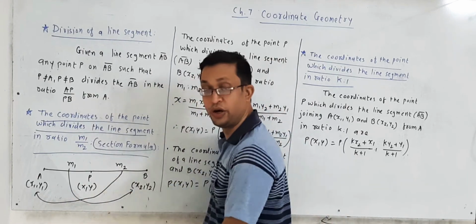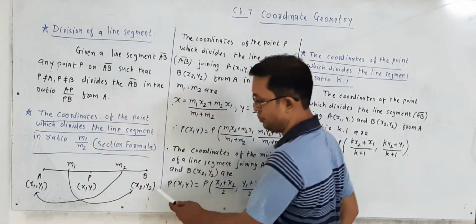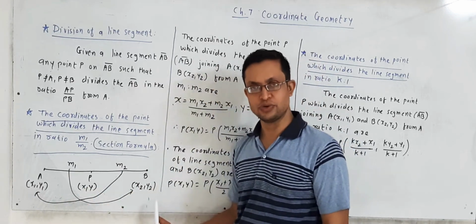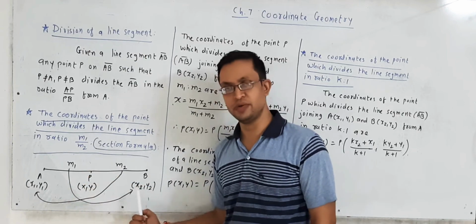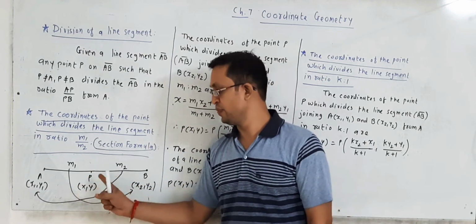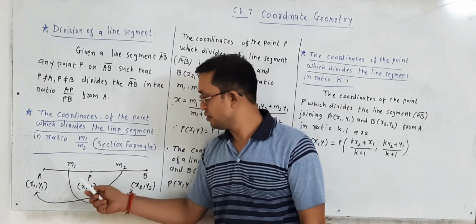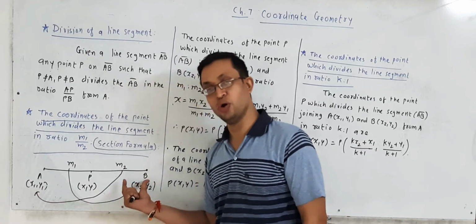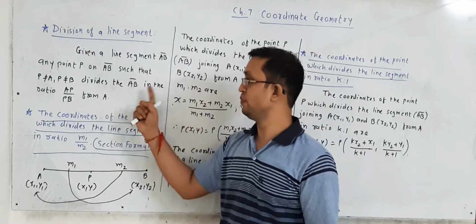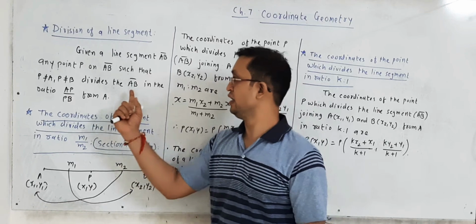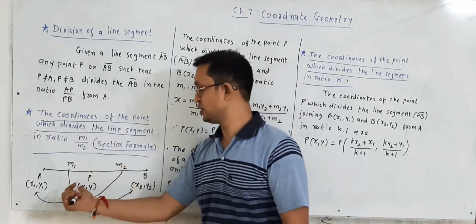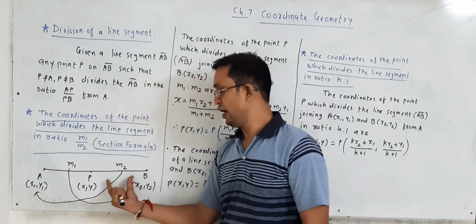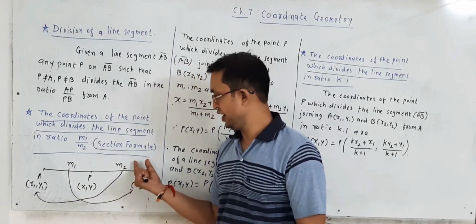Here, in line segment AB, point A is (x1, y1) and point B is (x2, y2), and point P lies between A and B. So the ratio AP to PB has two parts: AP is called m1 and PB is called m2.